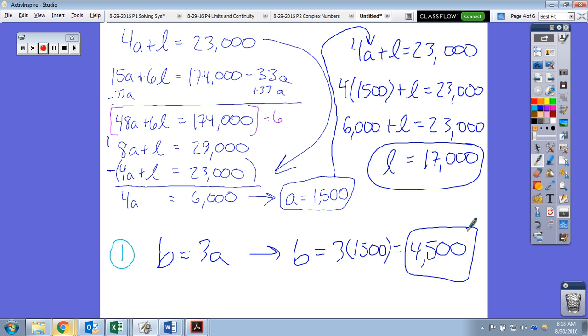So this is B. So we've solved for A, B, and L.